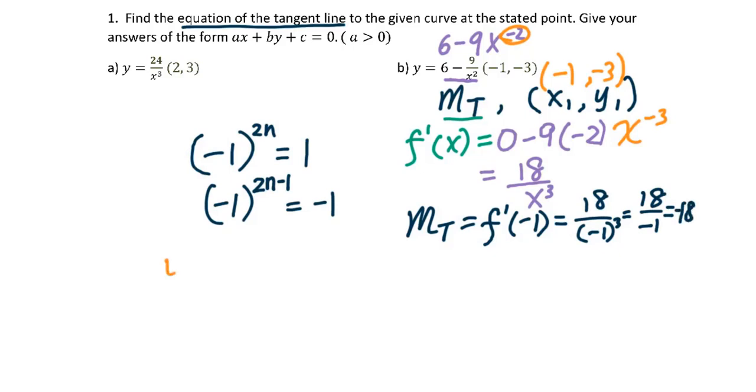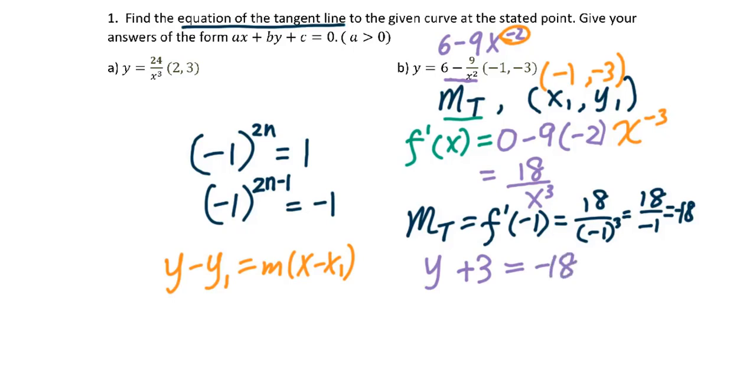Therefore, we use y minus y1 equals slope times x minus x1, this formula. We can write down the equation like this: y plus 3, because it's minus negative 3, equals negative 18 times x plus 1. Since we don't have a denominator for this slope, we just do the distributive property on the right side.